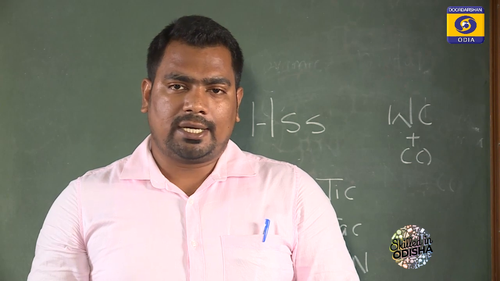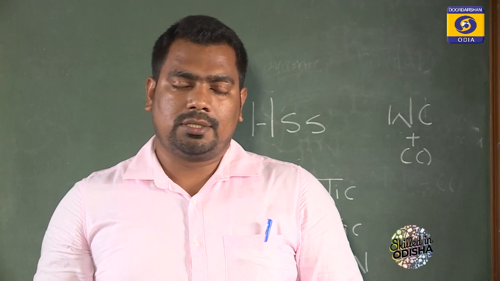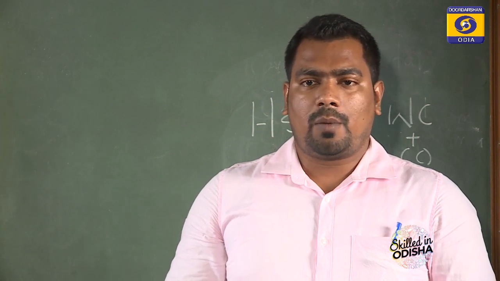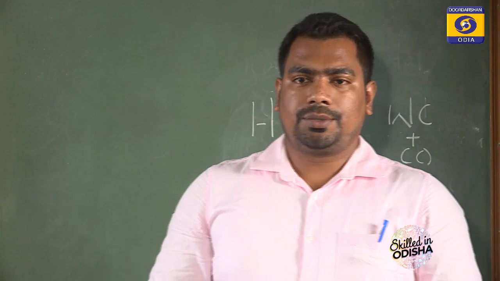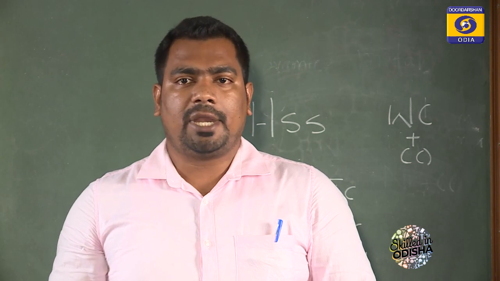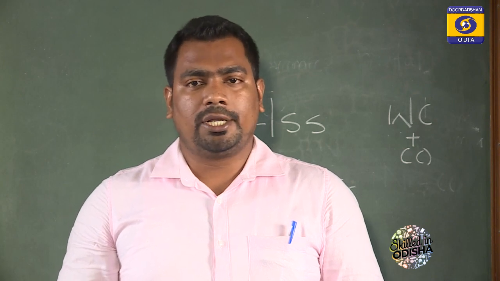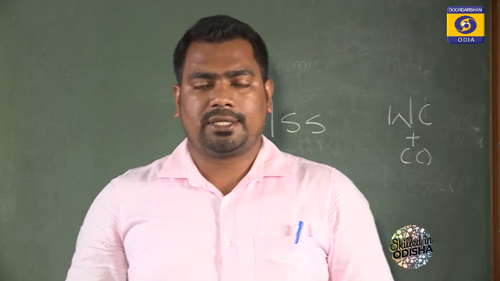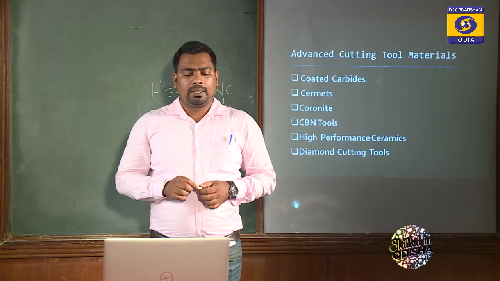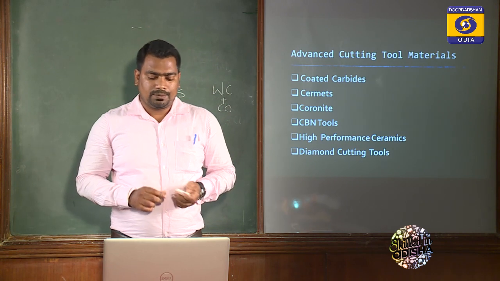By using polycrystalline diamond, we cannot cut ferrous materials, because when we cut steel using polycrystalline diamond, some amount of carbon and iron is diffused into the polycrystalline diamond, and it stains the diamond, because of which the diamond cutting tool gets damaged. This process is called graphitization. So we generally avoid cutting ferrous materials using diamond cutting tools.